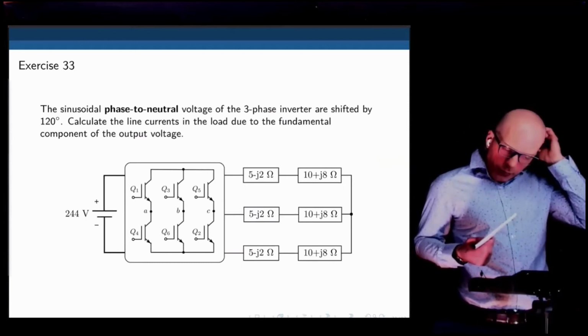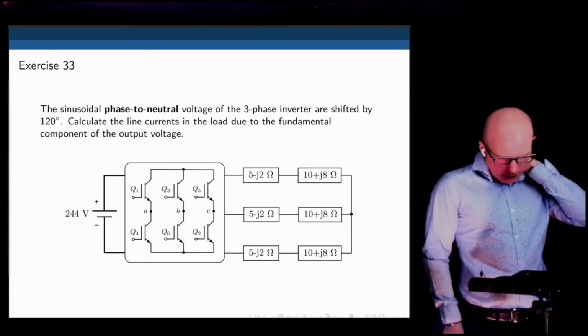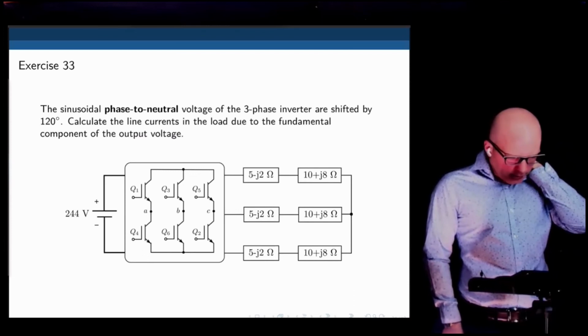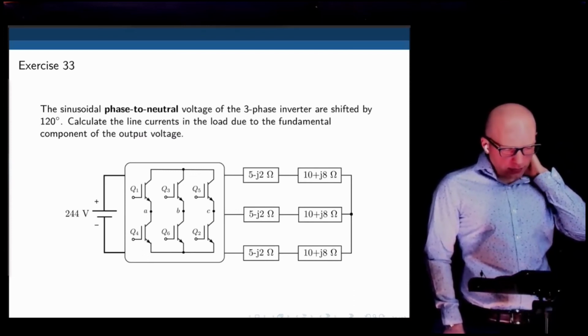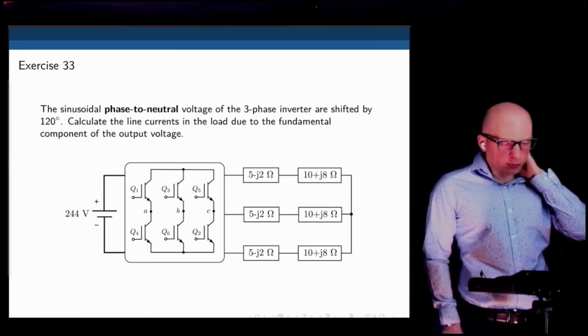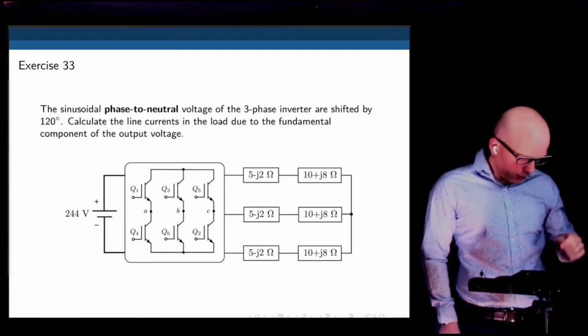So this is powered with 244 volts. We have a balanced load. We are interested in the line current or the load current due to the fundamental component of the output voltage. All right, so let's get that done.